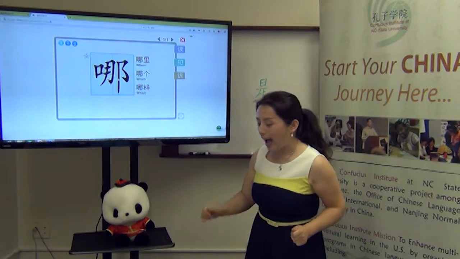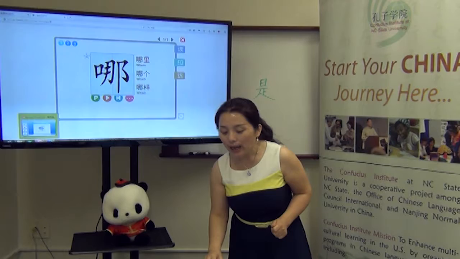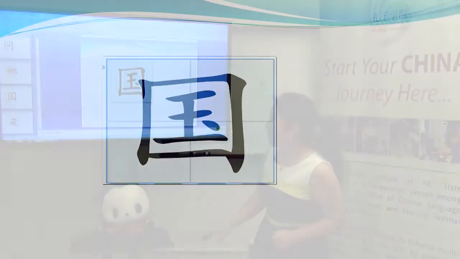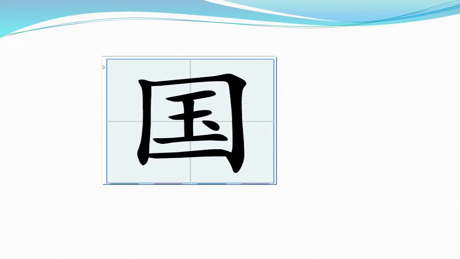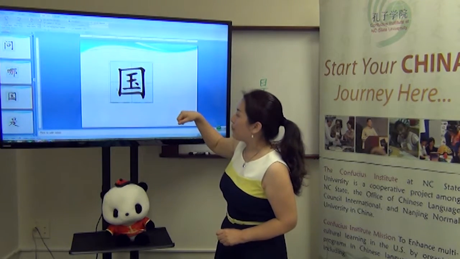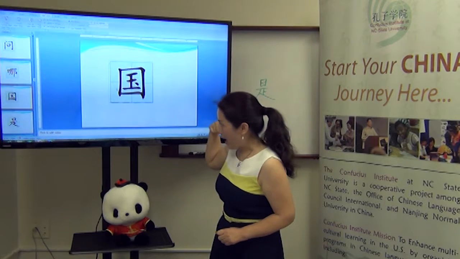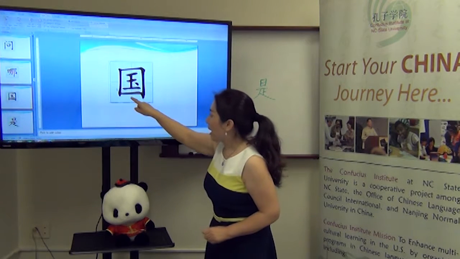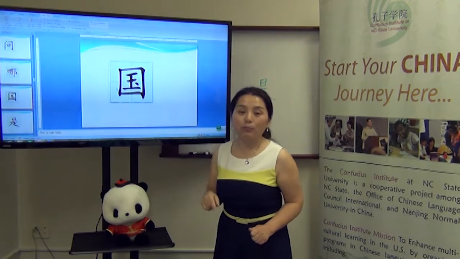So we have 那. Okay, and then we come to 国. I think you already get some idea about the order of this character. So we have the outside of the framework, and then we have this part, and finally you just close the framework.